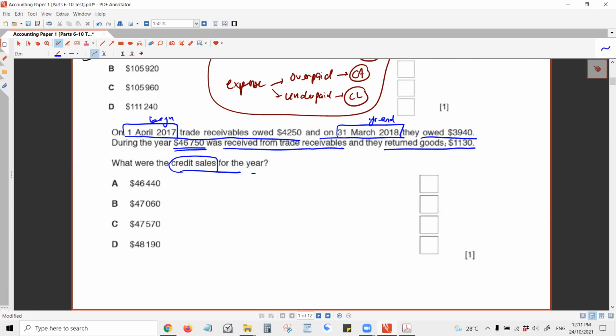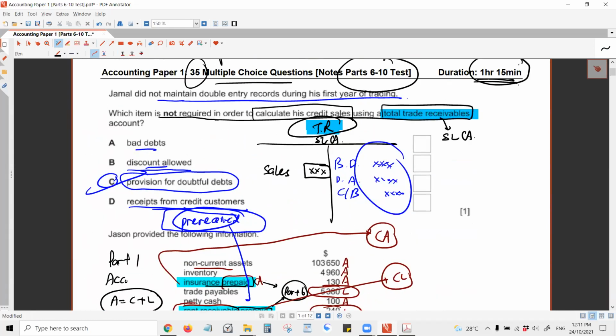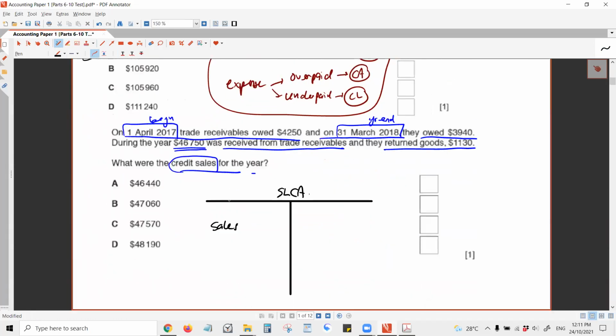Now you have to understand that for this question, you have to do a sales ledger control account, because the missing figure is here, just like the question we did for the first one. But this time we deal with numbers.